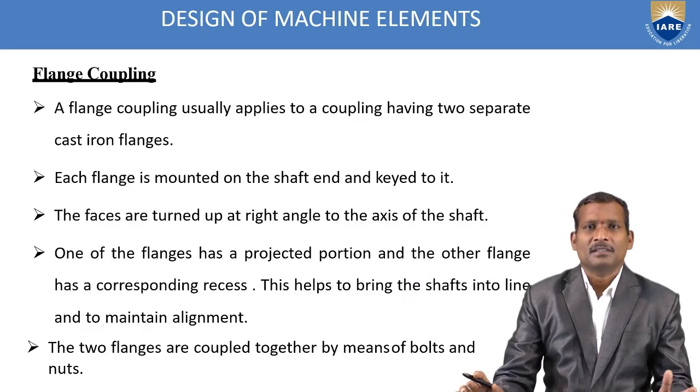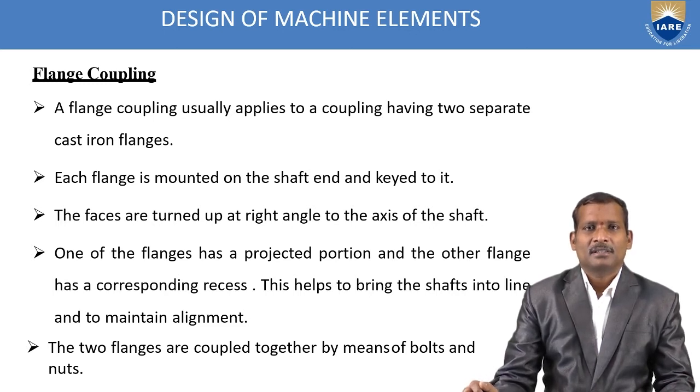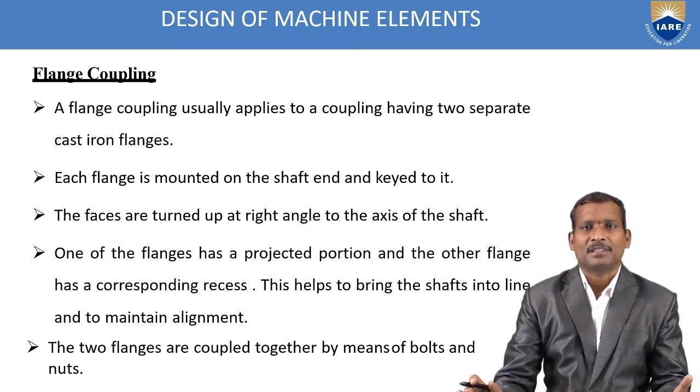The flange coupling usually applies to a coupling having two separate cast iron flanges. Each flange is mounted on the shaft, one on one end of the shaft and another on the other end, as shown in the figure on the first slide, and keyed to it. The faces are turned at right angles to the axis of the shaft for better connectivity.